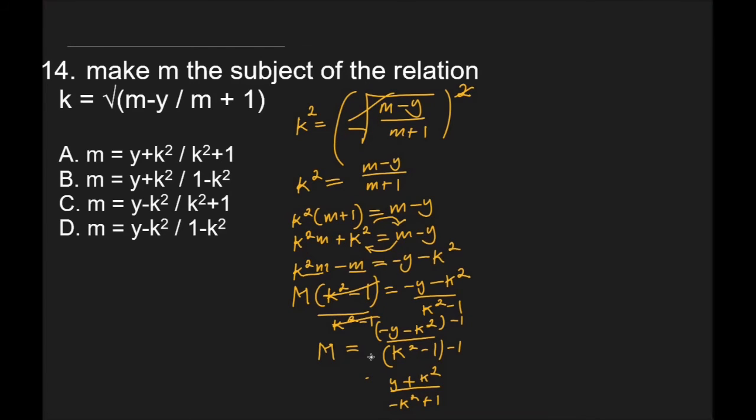So I think we can now see if this is one of the options. And yes, y plus k squared and 1 minus k squared. And we have an answer to the question.